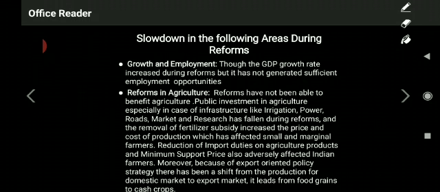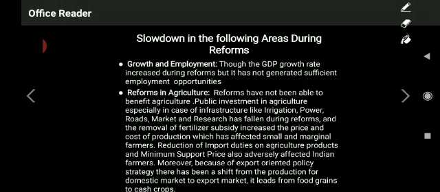Very interesting. In that reforms period, the Government of India reduced the import duties on agriculture products. If the import duties on agriculture products declined, what happens? Imports become greater. Imports go on increasing.